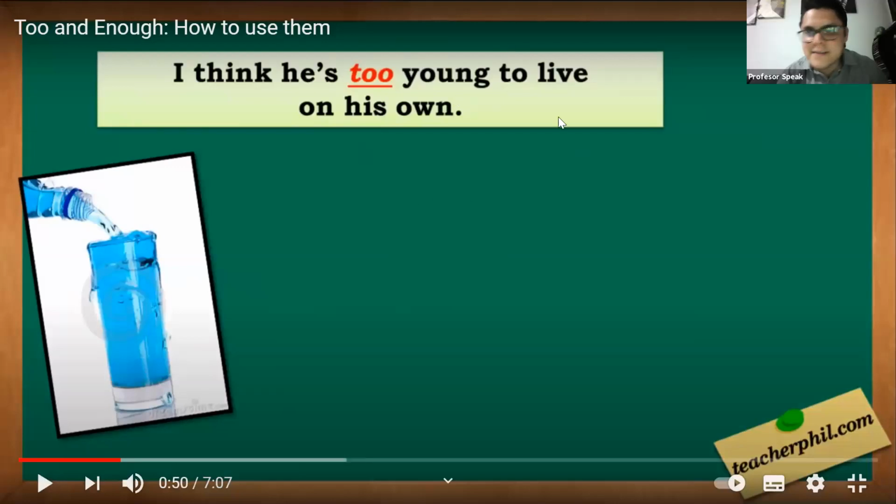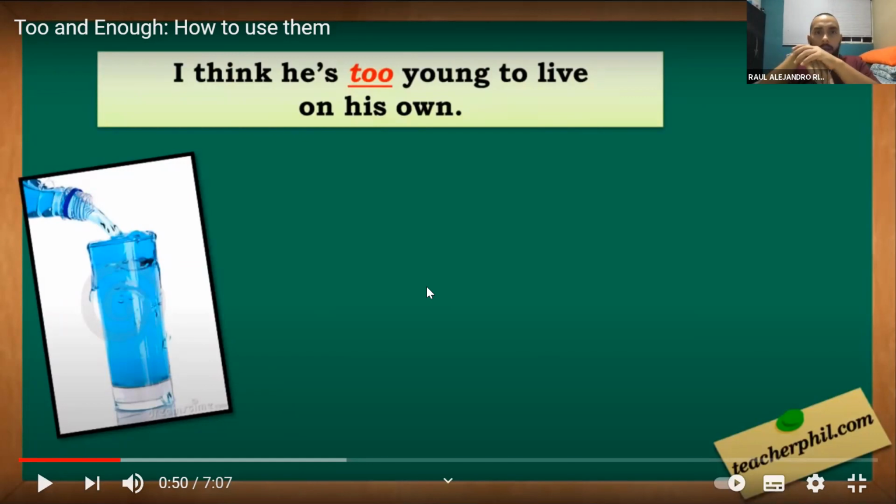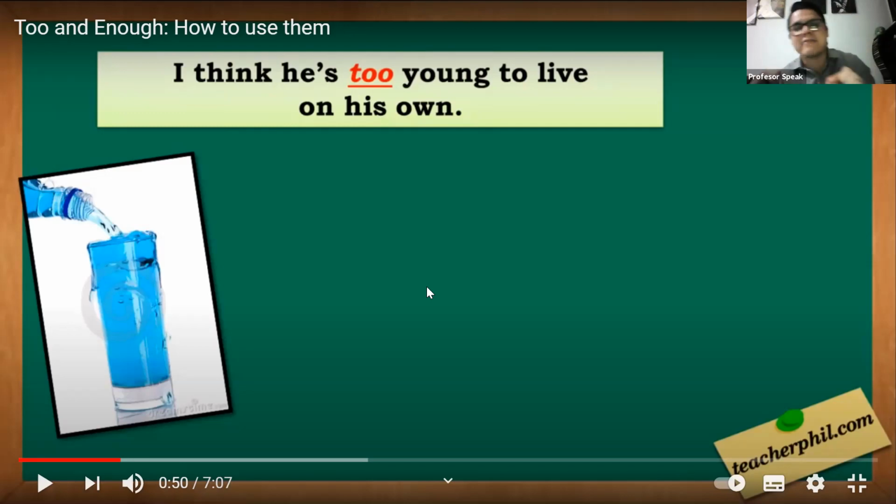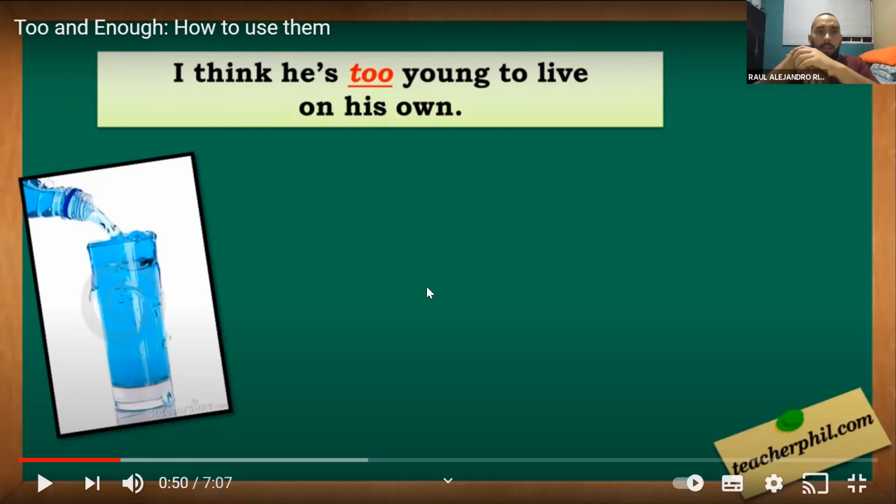If you analyze this example, Raul, does it have a positive or negative effect? I think he's too young to live on his own. The question is, in this context, does it have a positive or negative effect? A negative effect. Why?